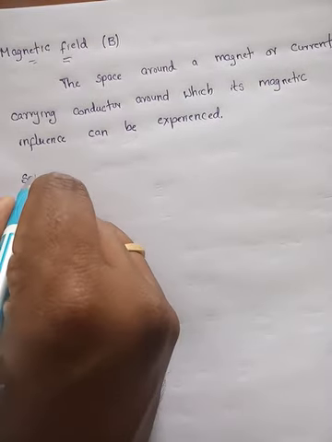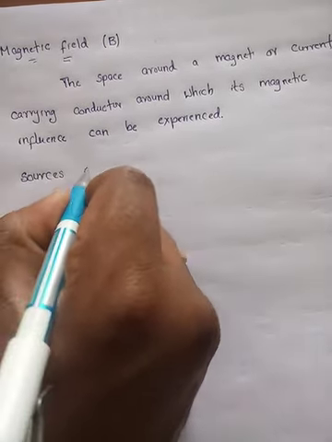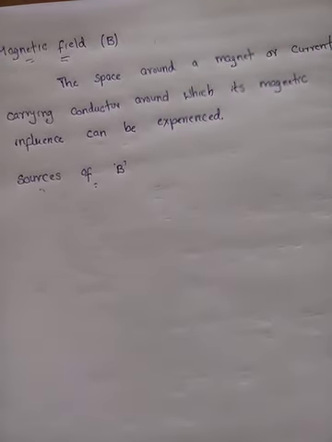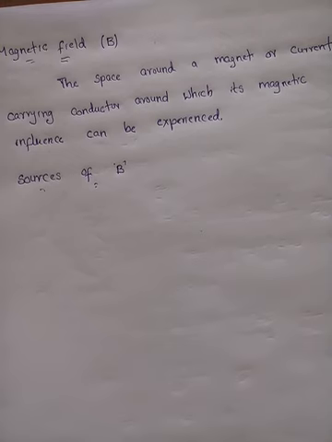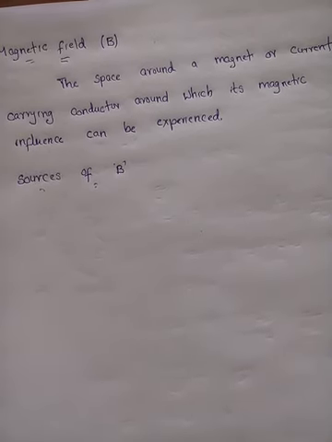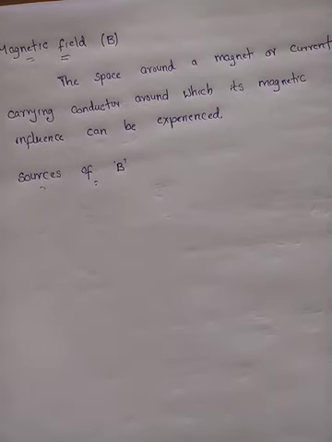Now, what are the sources of magnetic field? What is the source to produce magnetic field there, right? A current carrying conductor, right? So, a current carrying conductor produces magnetic field. So, how the current will flow through a conductor? When the charge starts moving.